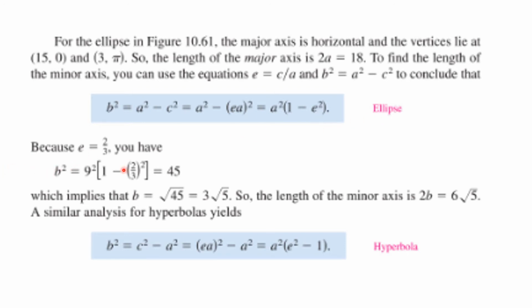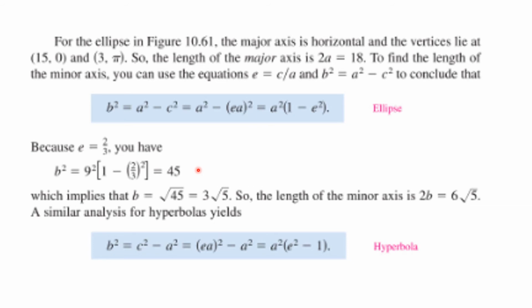And just to solve this problem, we can figure out what B is. B squared is equal to, A is 9, so A squared is 81, times 1 minus E squared, and E was 2/3. So we can figure out that that is 45. That means that B is the square root of 45.